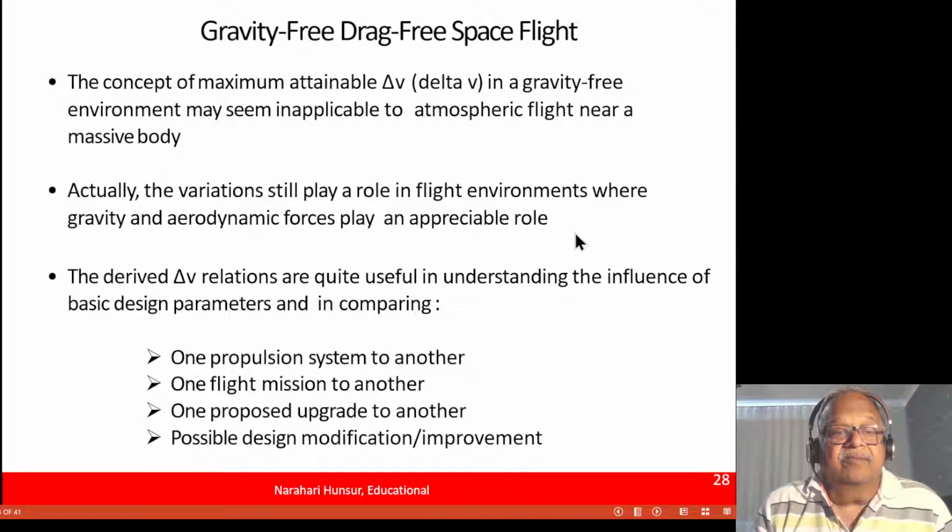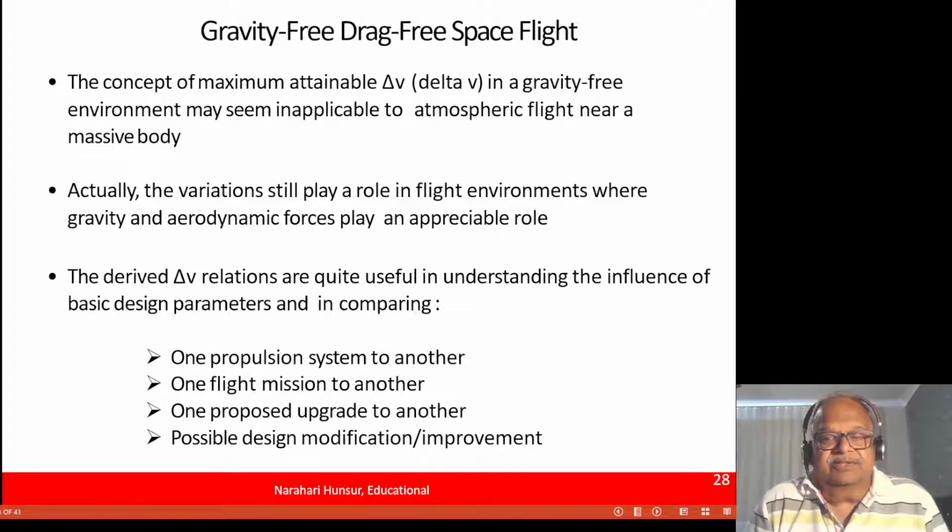Having said that, we can still use this simple delta V relation, g naught Isp into ln of m naught by mb, when comparing two propulsion systems, because the rocket sizes are going to be similar, so the CD and the cross-section area will be similar. So when we compare two different kinds of propulsion systems, we can use this delta V. And of course, when you want to upgrade from one system to another, you can use this as a measure, all the while remembering that this is an approximation, but useful in practice.